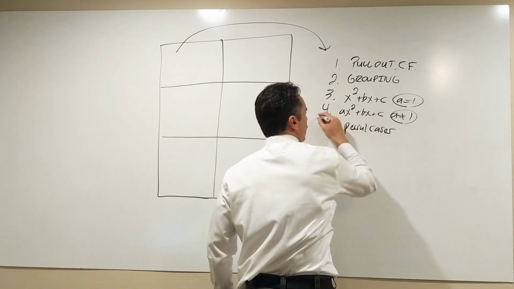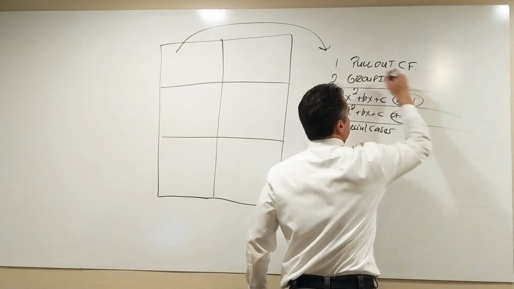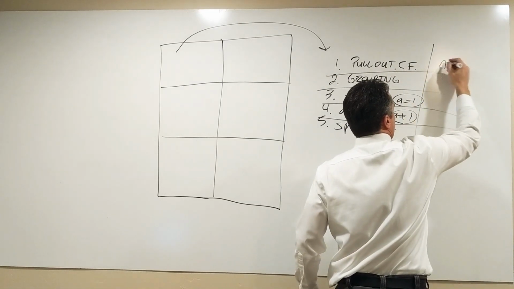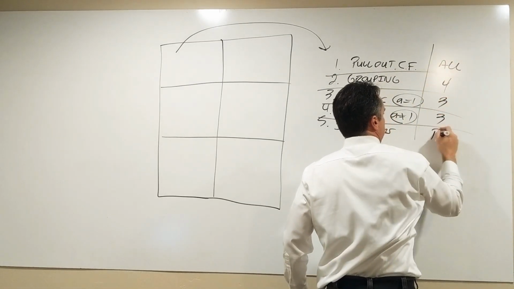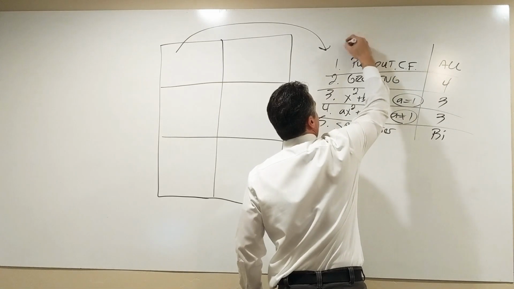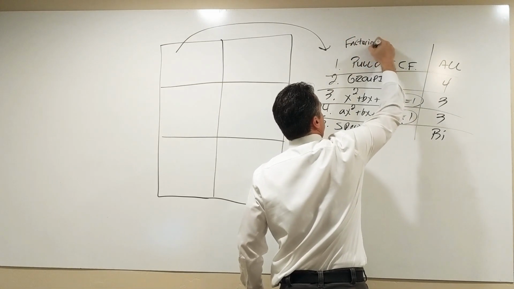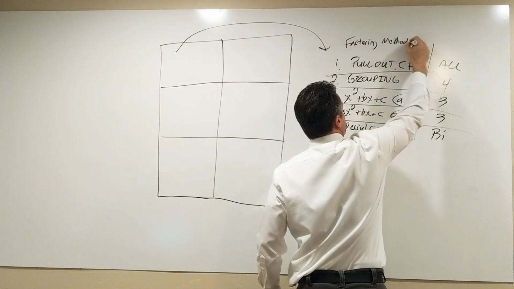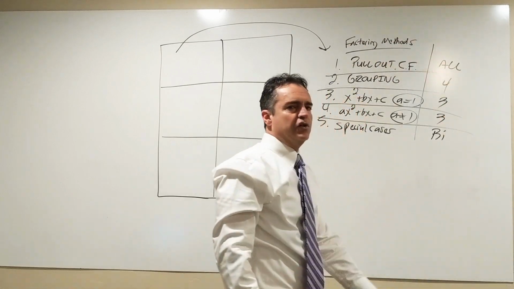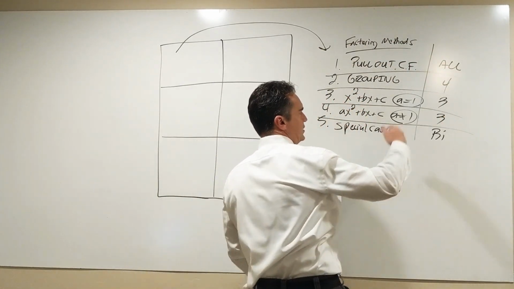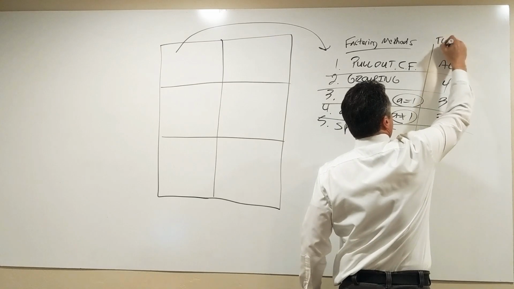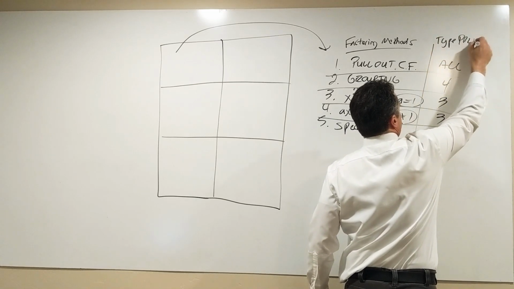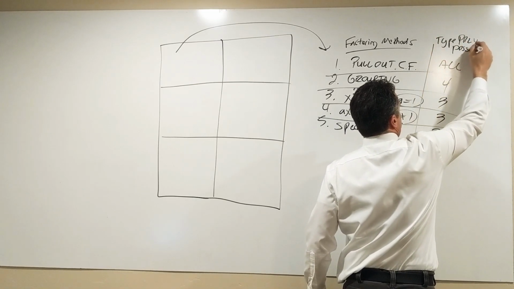Then the type of polynomial that each of these is possible on: all, 4 terms, 3 terms, 3 terms, and binomials. So these are our factoring methods. I'm scribbling a lot like I do when I review with you, because you know this, it's in your notes.